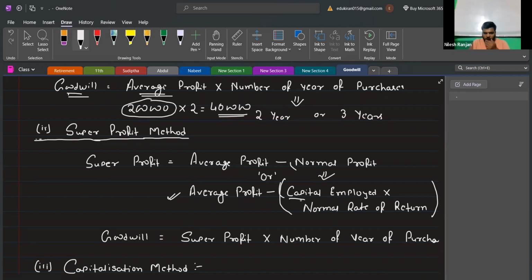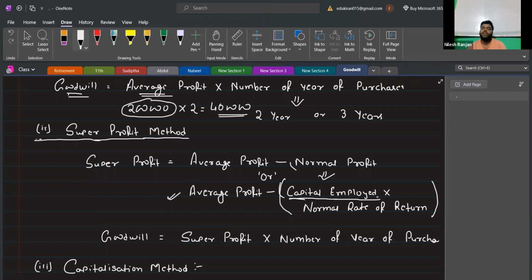What is capital employed here? Actually, it is the amount invested in the business, but how do we calculate the capital employed? Total assets minus outside liabilities.